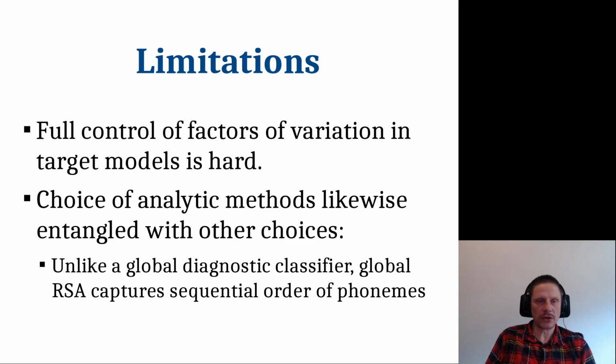If you change the task of the model from ASR to VGS, you may need to change not only the task itself, but also some parts of the architecture in order to make the task possible, and that makes the comparison less direct.